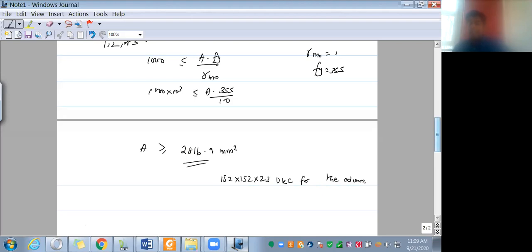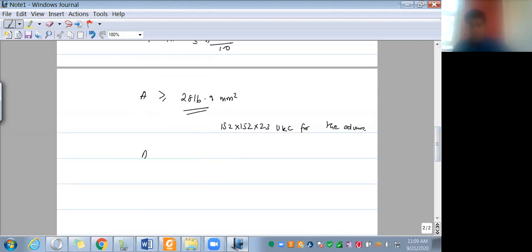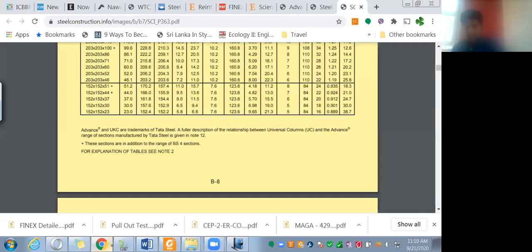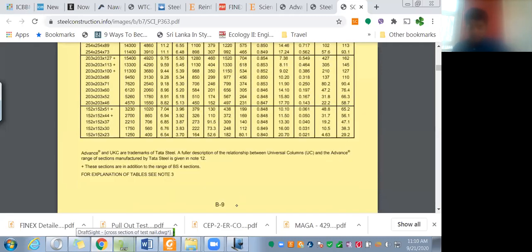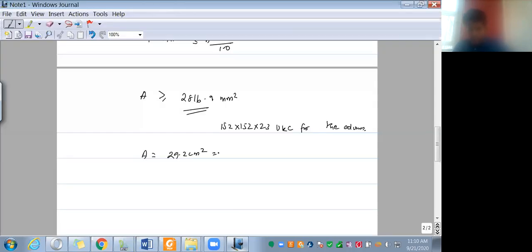So then the area is 29.2 centimeters square, that is 2920 millimeters square. So this is greater than 2816.9 millimeters square. So it satisfies the area requirement.